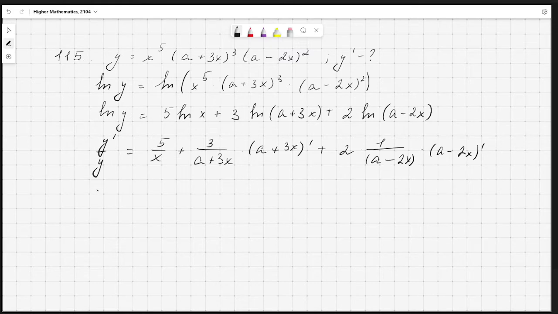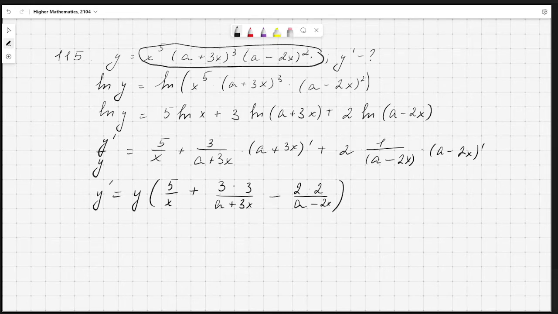Find derivative of argument and put y in the right part. Then substitute the sign of y in this place.